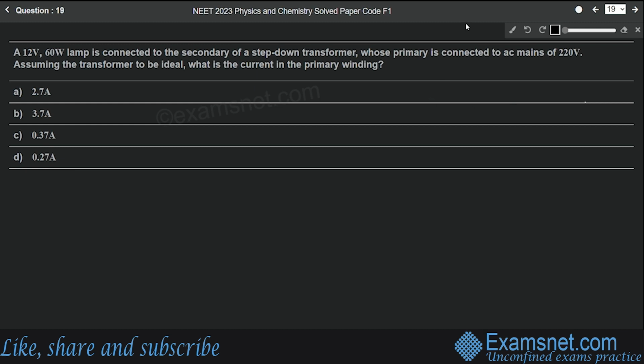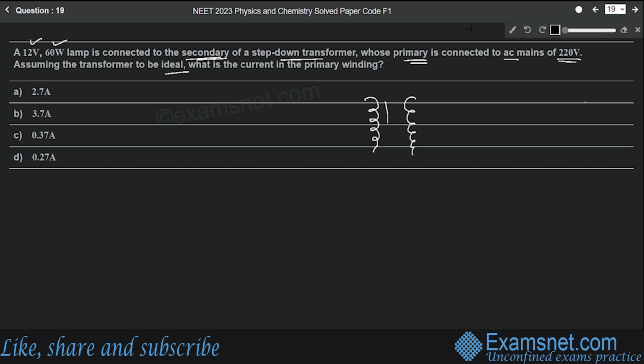Now question number 19 is from the chapter Alternating Current, and the question is, a 12 volt 60 watt lamp is connected to secondary of a step down transformer whose primary is connected to AC mains of 220 volt. Assuming the transformer to be ideal, what is the current in the primary winding? Okay, so this is the primary winding of the transformer and this is the secondary winding.